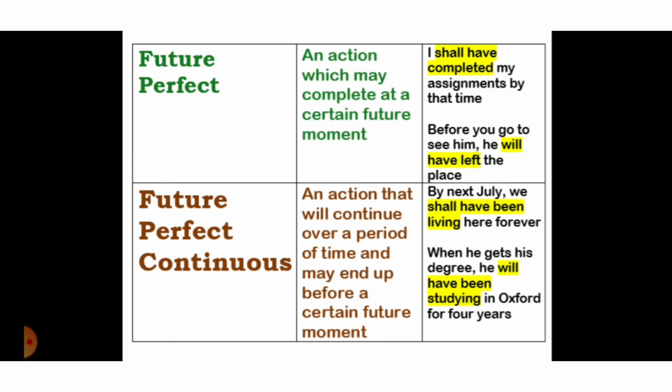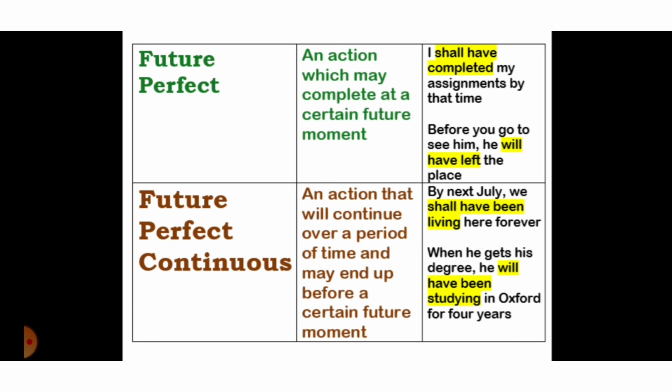Next, future perfect continuous tense. Now in perfect continuous tense we all know that we will use have been, then the original verb, then ing, and in case of past perfect continuous we always have had been, then the main verb, and then ing added with the main verb.